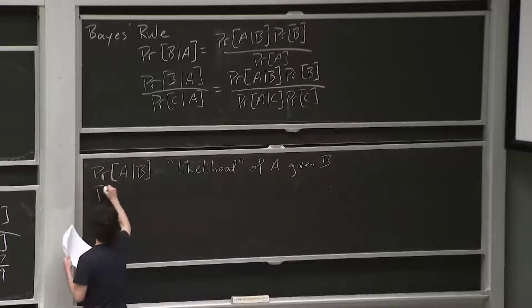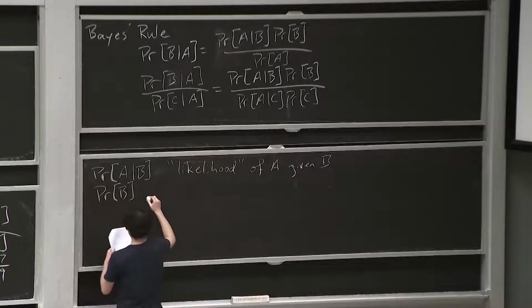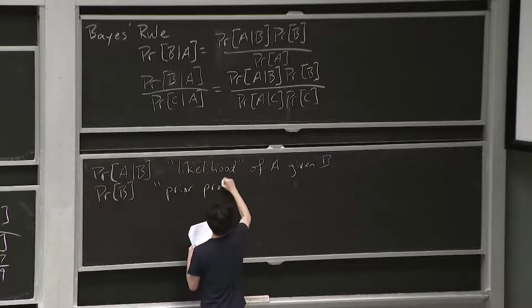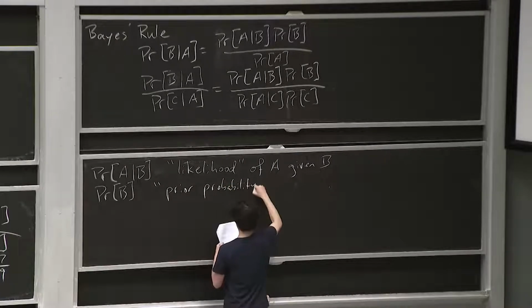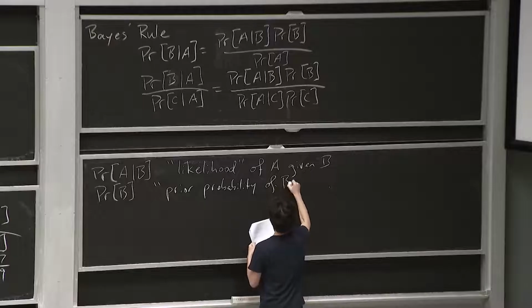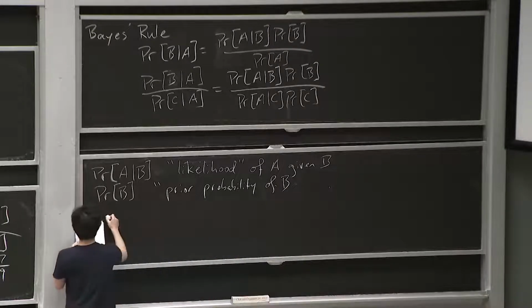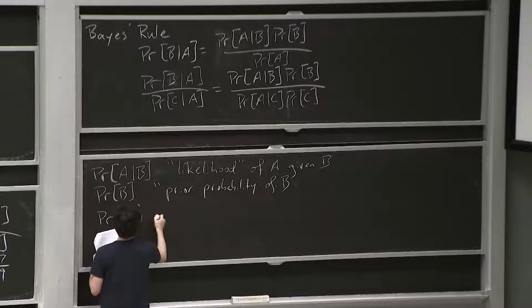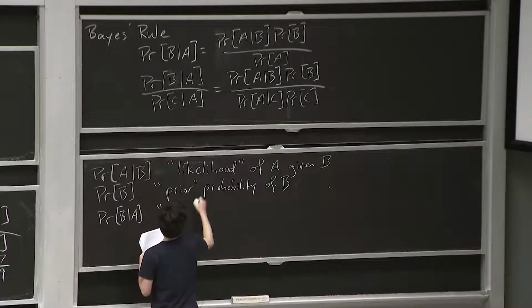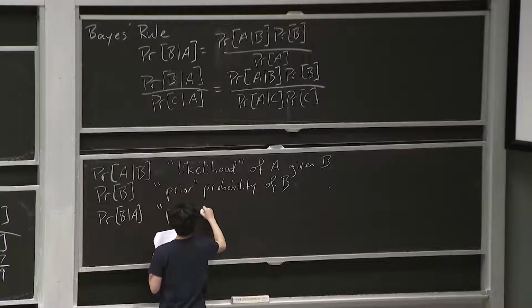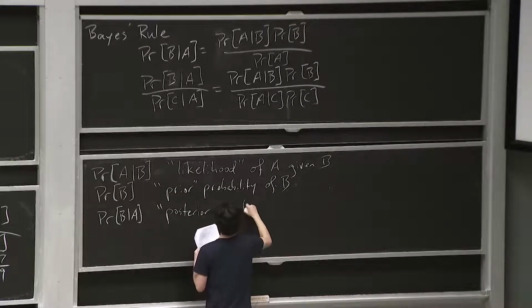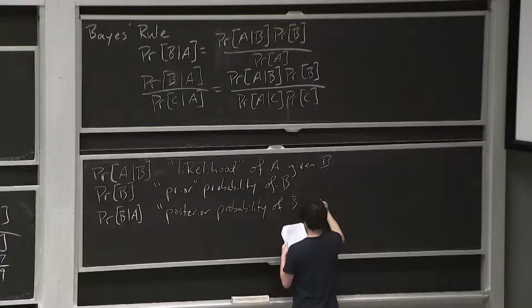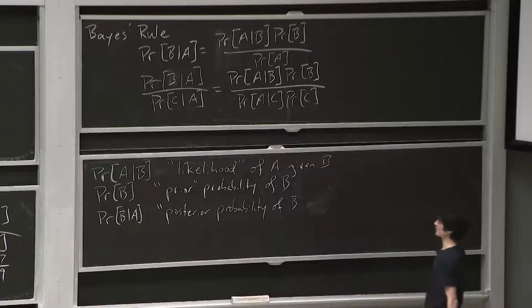The probability of B we call the prior probability of B. And the left-hand side, the probability of B given A, is the posterior of B. Actually, we don't usually specify A with that.